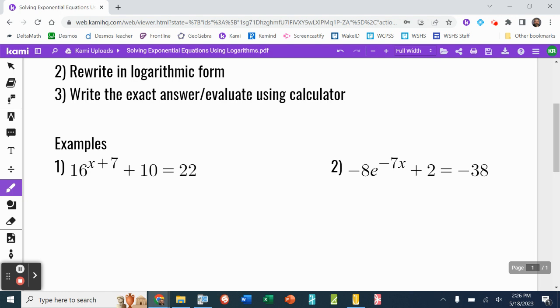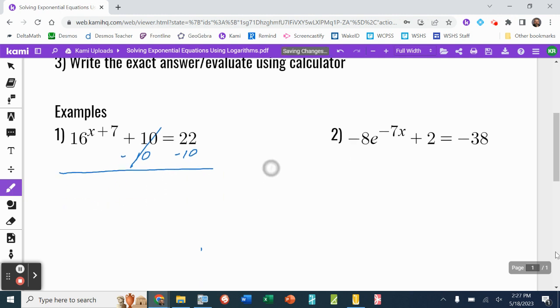However, that's not isolated because in addition to that term, they are adding 10 to it. So the first thing I need to do is subtract 10 from both sides.